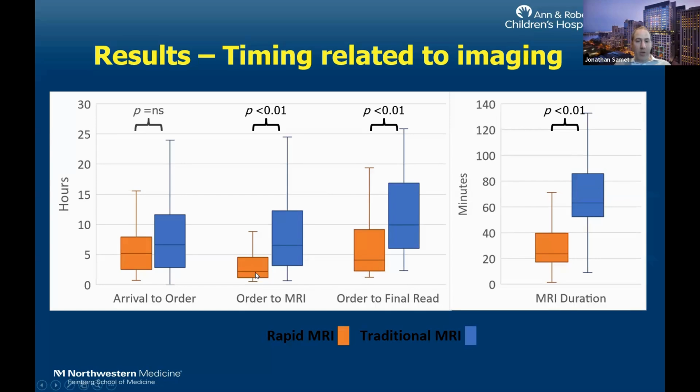So it's significantly lower to actually get the MRI started. That's what this is showing you. To get the final read, also significantly faster, right? They want to get the results faster, so that's good too. The actual MRI scan time, hopefully it's faster, right? You can see the MRI duration was faster when you did the rapid.